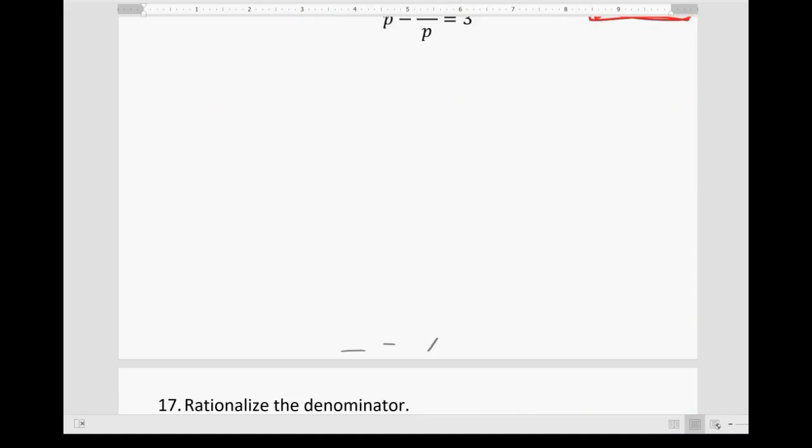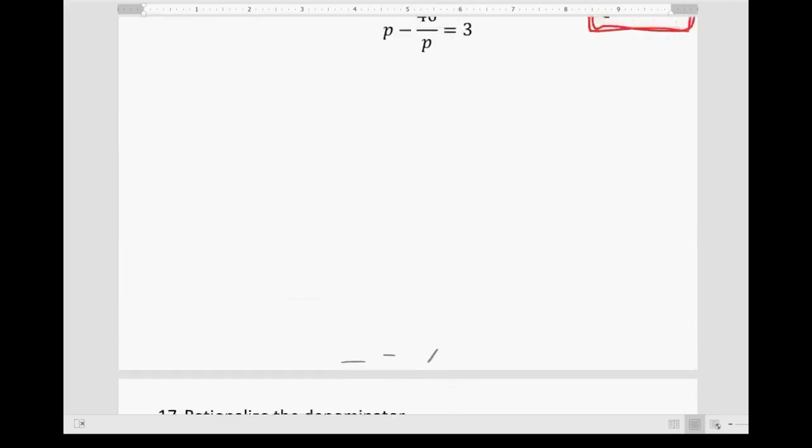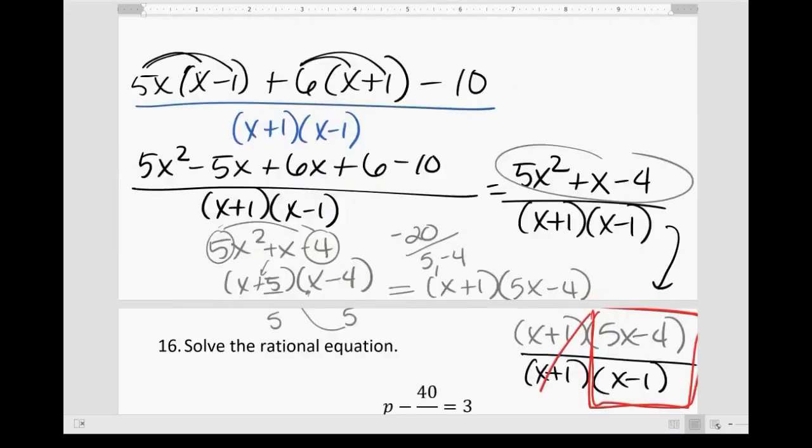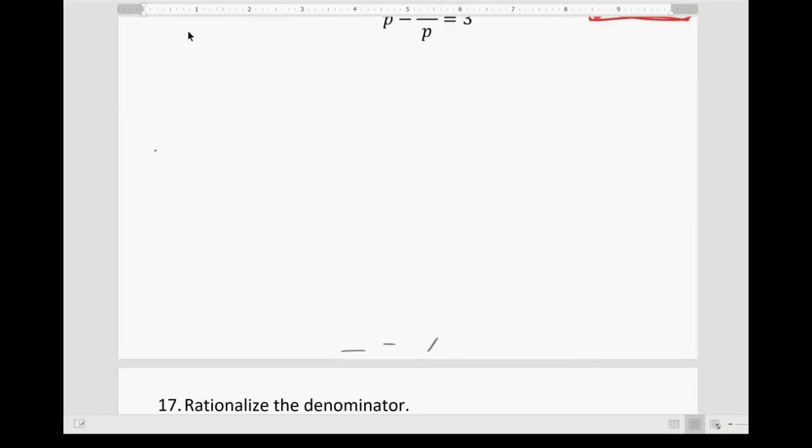So I got a request for another factoring problem. Or you can give me exactly what kind of factoring you wanted me to do, then I can find one. So what type of factoring are you wanting to go over?